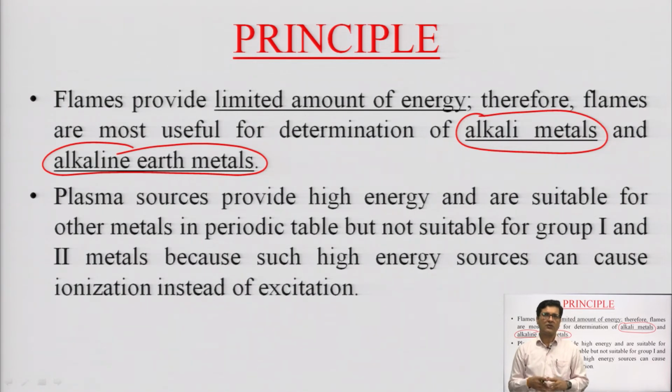So, whenever you are designing your experiment, you should always keep in mind that low temperatures are not sufficient to cause excitation, and hence emission would be suppressed, and high temperature generally leads to ionization. Therefore, you should choose a suitable temperature where you get the maximum emission with the minimum ionization.